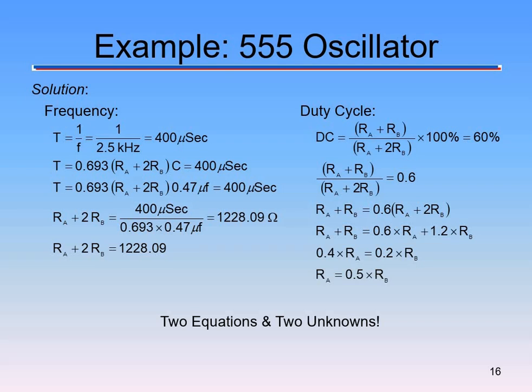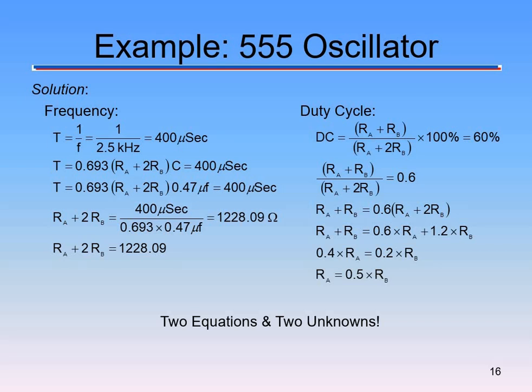Those are our unknowns. So we want to get our unknowns on one side of the equation and our knowns on the other. So you got to simplify those numbers down. So RA plus 2RB ends up equaling 1,228 ohms.